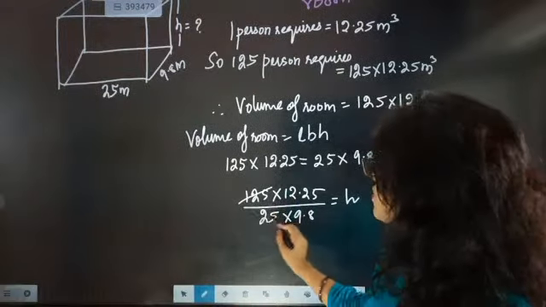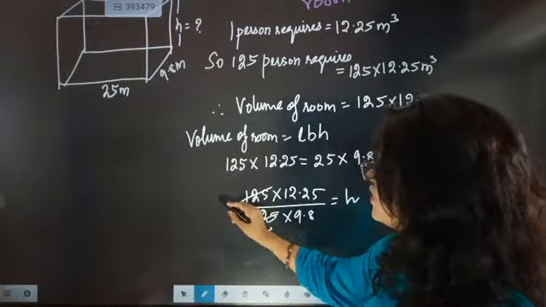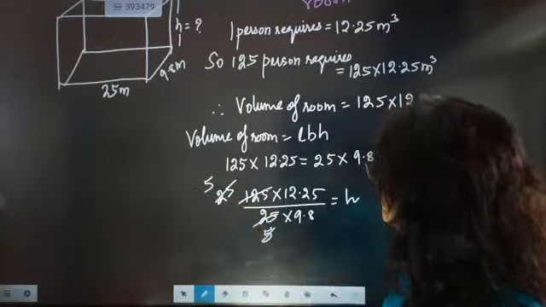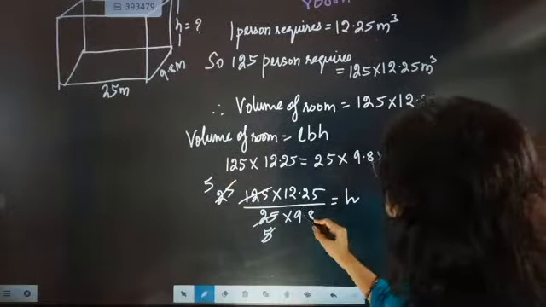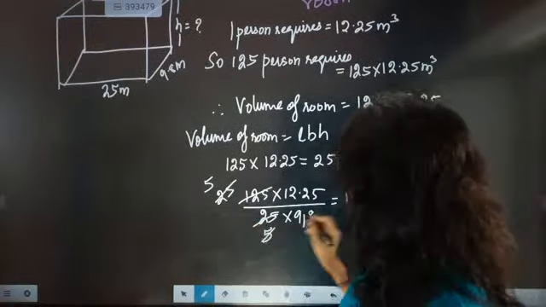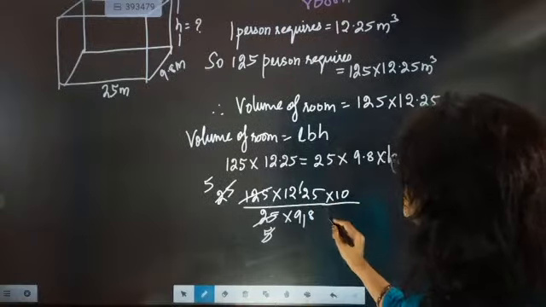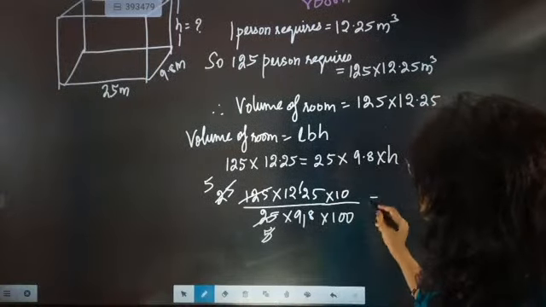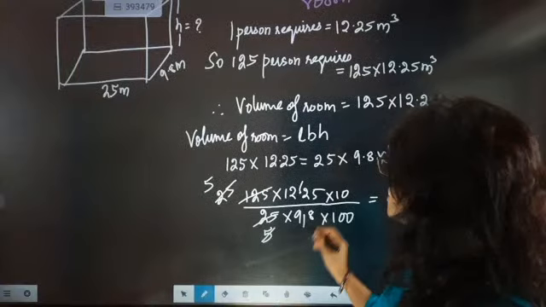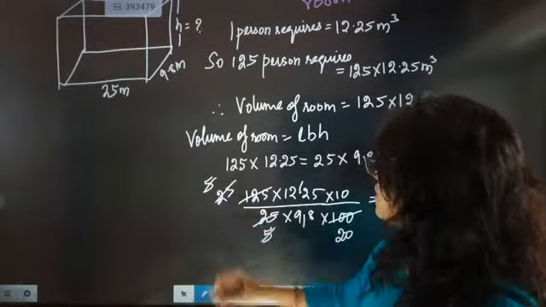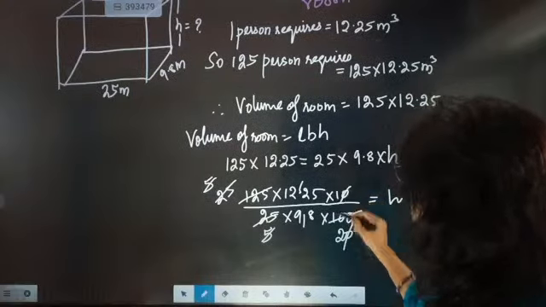Here 5 5s are 25. After decimal, 10 will go up, and after decimal, 100 will go down, equal to H. So now 20 times gone, 0 0 gone.